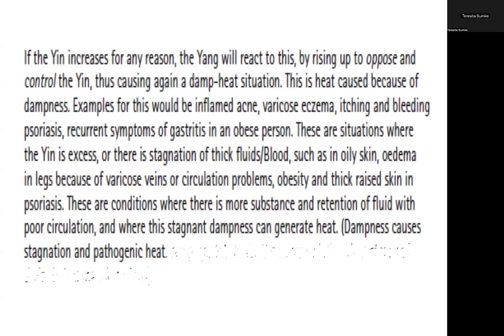If the yin increases for any reason, the yang will react to this by rising up to oppose and control the yin. So this will again cause a damp heat situation. Okay, so this is heat caused because of dampness. Because of dampness, there is heat.